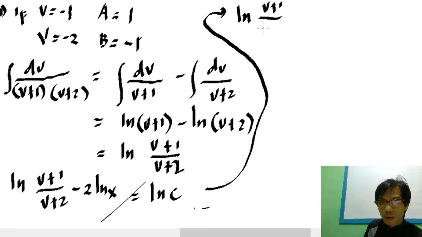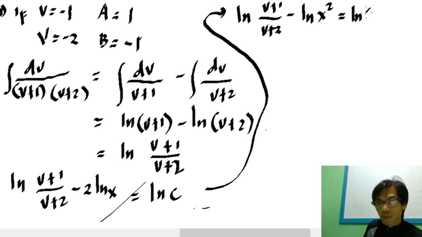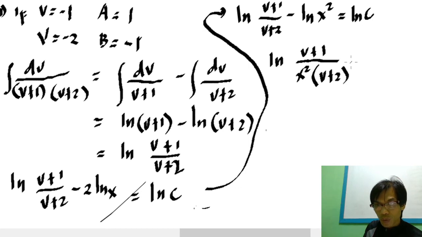The 2 ln of x can be transformed into ln of x squared, and that is equal to ln of c. Now, again, by logarithm, ln of a minus ln of b, in this problem we have ln of (v plus 1) over, this will become a denominator, so we have x squared times (v plus 2), and that's equal to ln of c.